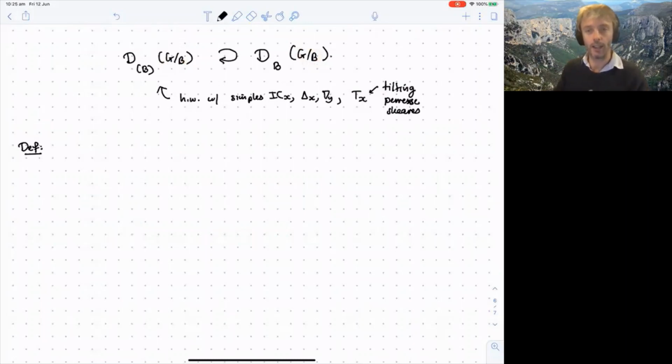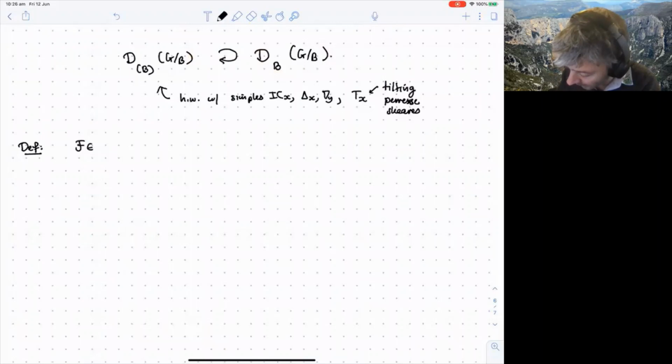One way of understanding that is that we can't hope for any exactness with respect to perverse t-structures of this action. If I take a perverse sheaf here and a perverse sheaf here and act, there's no reason to expect it to be a perverse sheaf anymore. But sheaves that satisfy this play a very important role.